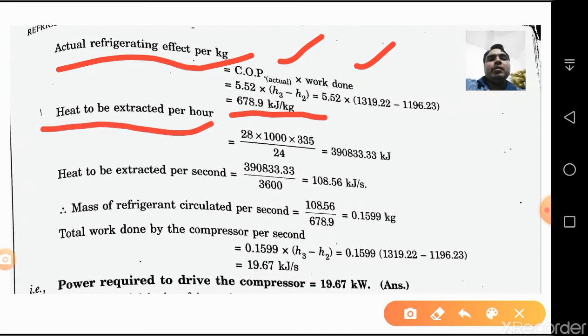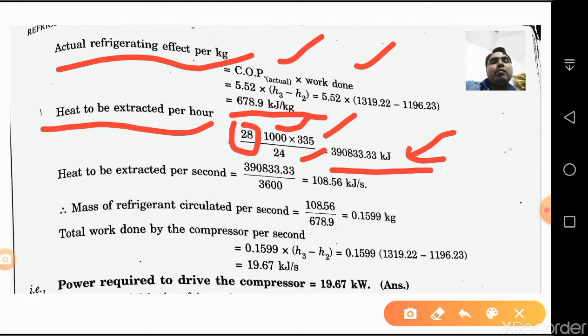So heat extracted per hour, how much heat you can extract in 1 hour. So that 28 is the capacity of the system, and 28 tons is 1000 kg of water in one day, how much is 24 hours, and 335 is the latent heat. So that is the heat value that is extracted from that.